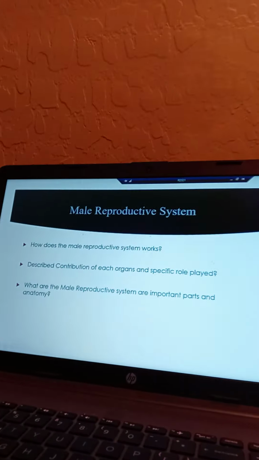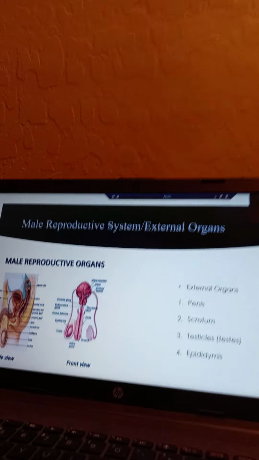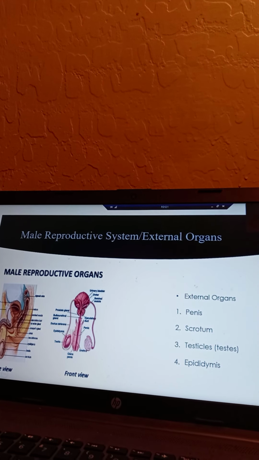Okay, this is the 12th slide. Now the male reproductive system and the external organs.